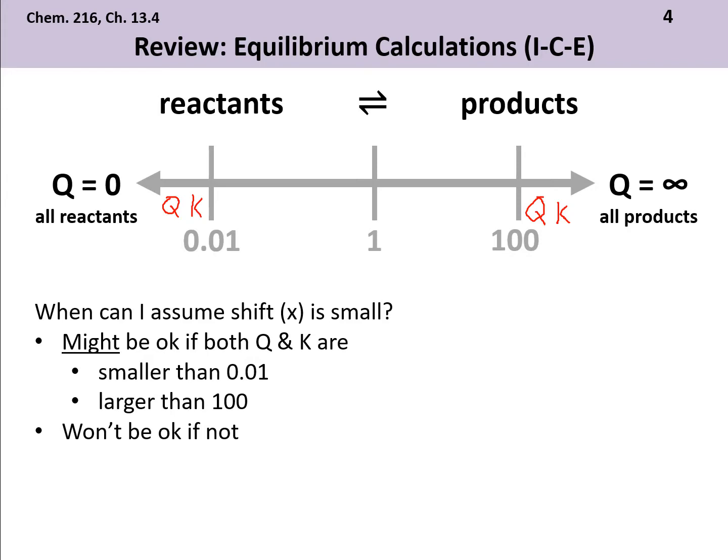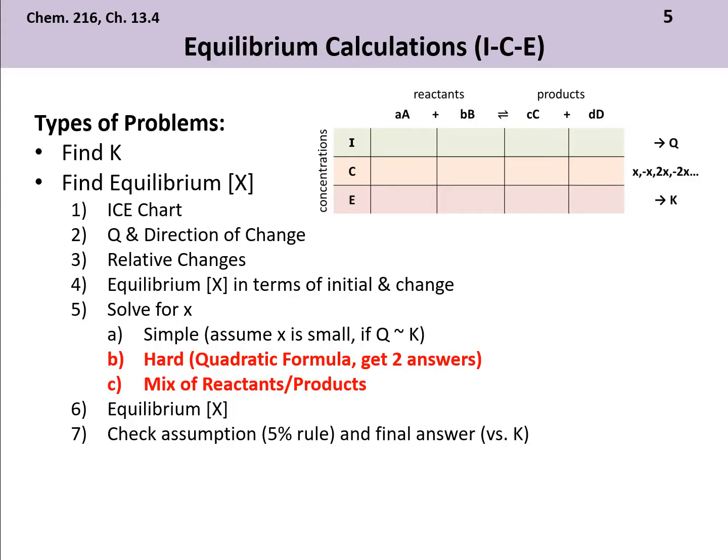Not always, but typically. In reality, if we make that assumption, we have to, at the end, check the 5% rule. Make sure that the assumption causes less than 5% error. If it causes greater error, then we'd have to not use the assumption, which really sucks.